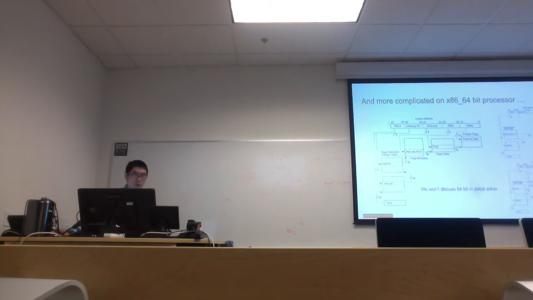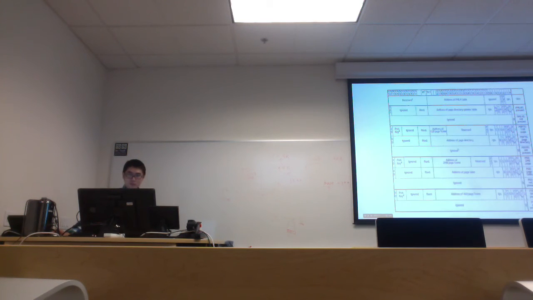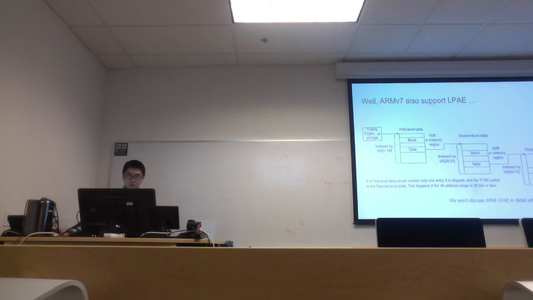Then you are translating 48 virtual bits to 48 or 52 physical bits. That complicates things. You have to use a 4-level page table. And 32-bit ARM also supports a similar strategy.